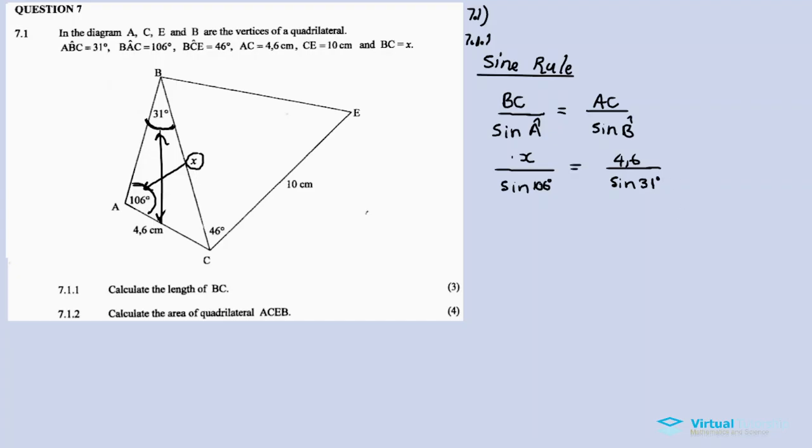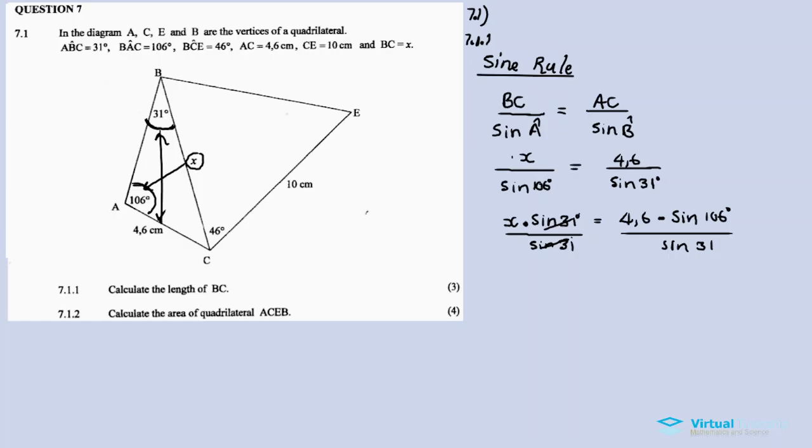Then we cross multiply. x times sine 31 equals 4.6 times sine 106. Then you divide by sine 31 degrees, so that the sine 31 cancels and you are left with x alone.